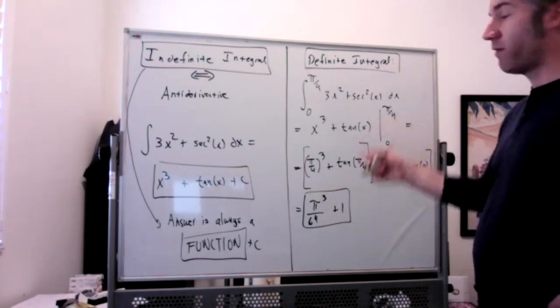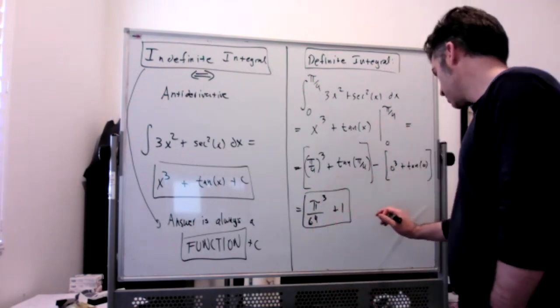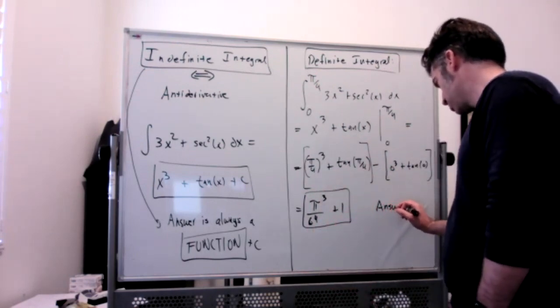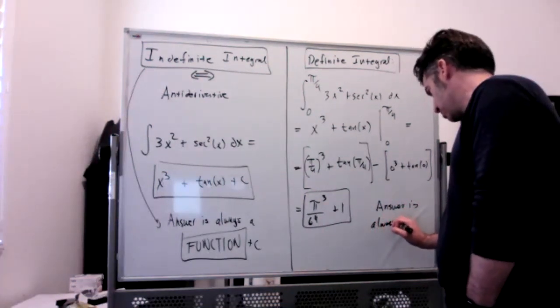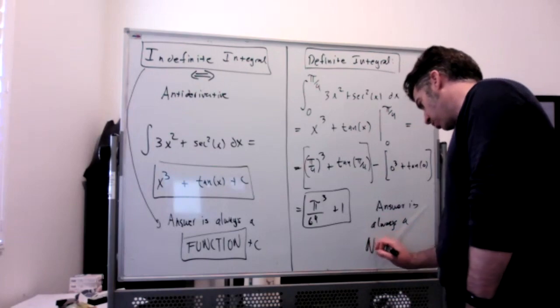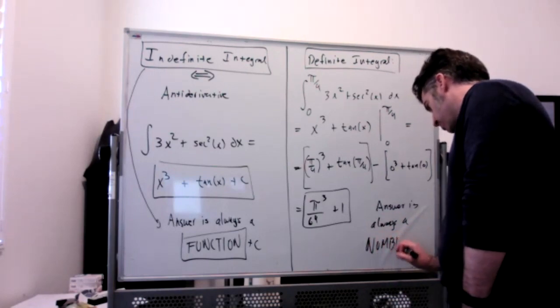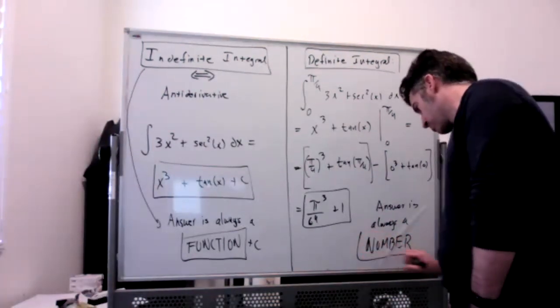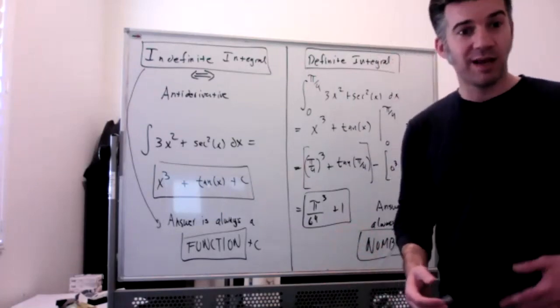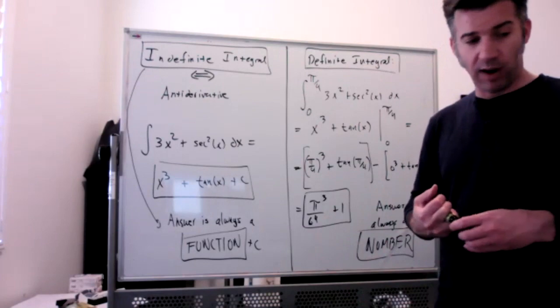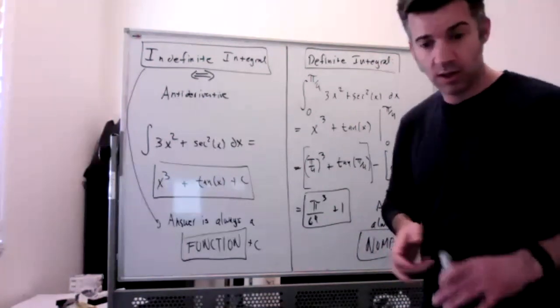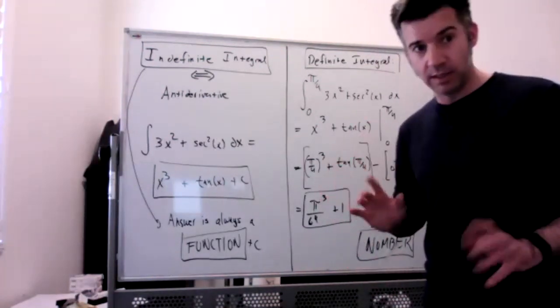For a definite integral, the answer is always a number. And it represents some area between curves or above the x-axis or whatever, but it's representing some sort of area. So really, really big difference.